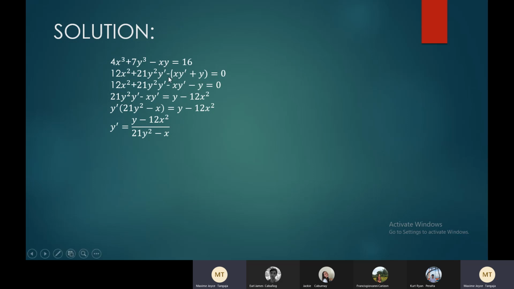So, i-distribute ang negative sa duha ka expression. So, 21y squared y prime minus xy prime is equal to y minus 12x squared. So, factor out y prime. So, y prime times (21y squared minus x) is equal to y minus 12x squared, resulting to y prime is equal to y minus 12x squared all over 21y squared minus x.